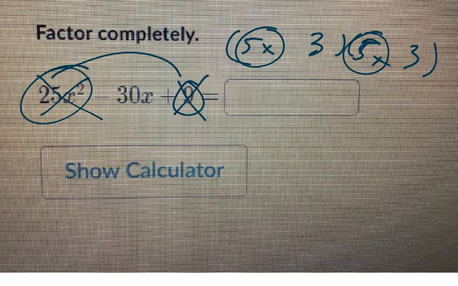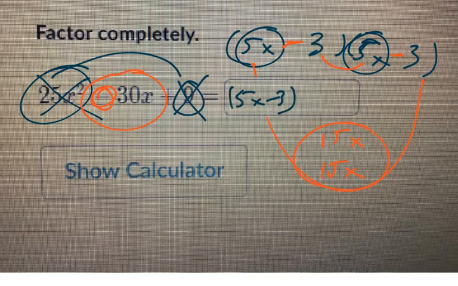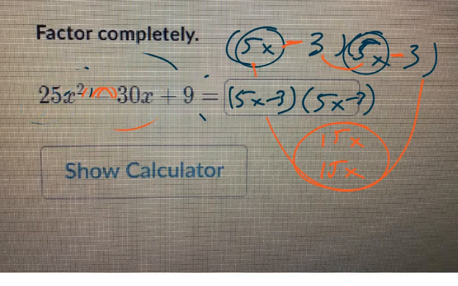Got the 9 covered. Now let's check our inner and outer loops. 3 times 5 is 15. 3 times 5 on the outside is 15. Isn't 15 and 15 30? Now we need a minus though, so we're just going to make them minuses. So what I'm going to write right in here is simply 5x minus 3, 5x minus 3. That's the factored form of our original problem.